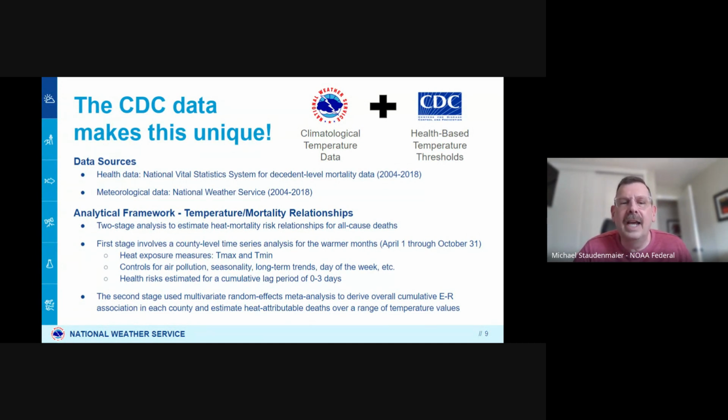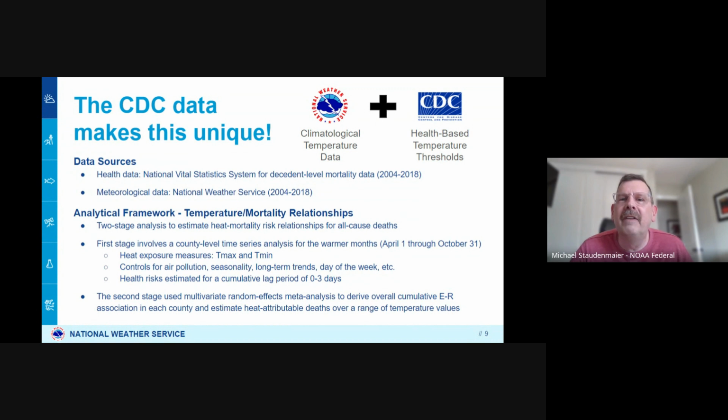The CDC has access to not only peer-reviewed heat health modeling approaches that are state-of-the-art, but also to national data sets that would be needed for the approach. After initial proof of concept testing, looking at both mortality and morbidity data relationships, we settled on using mortality data because at that time, this was really the only heat health data set that was available across the CONUS, all the states at the county level.